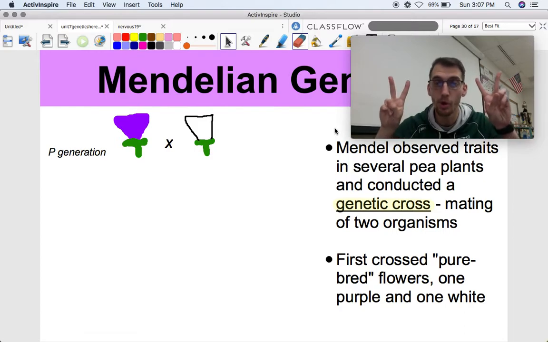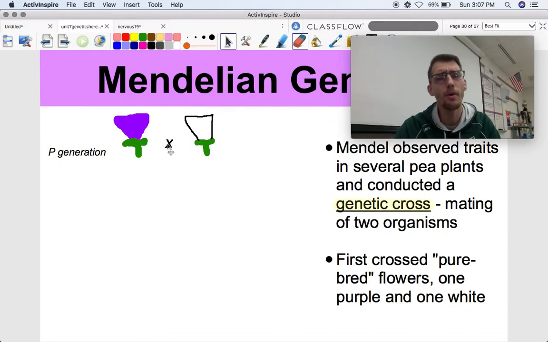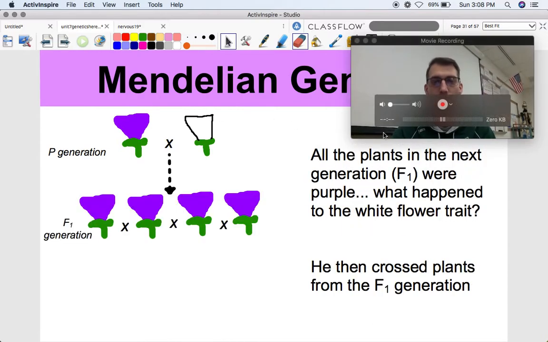So they were what we would call purebred. Think like horses and that kind of stuff too, but in this case, we have pea plants. This is what we would call the P generation, or the parental generation.